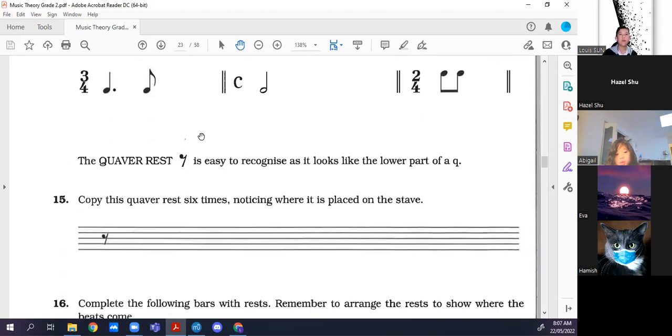So let's look at the quaver rest. The quaver rest looks like this. I know, a little weird, right? I guess you could say it looks like a Q, except it's not really a Q. How could you remember this?